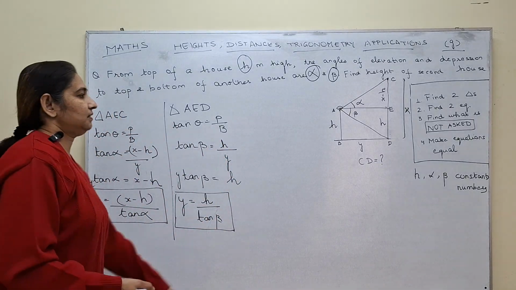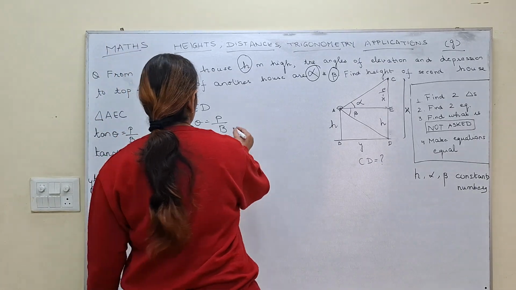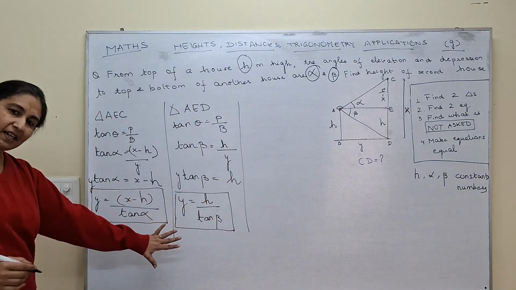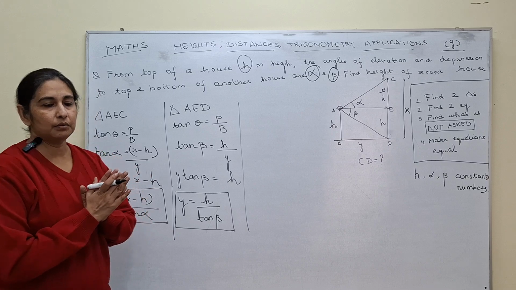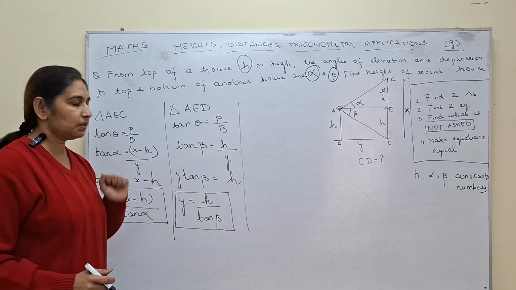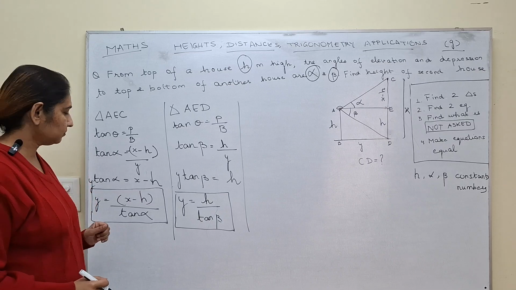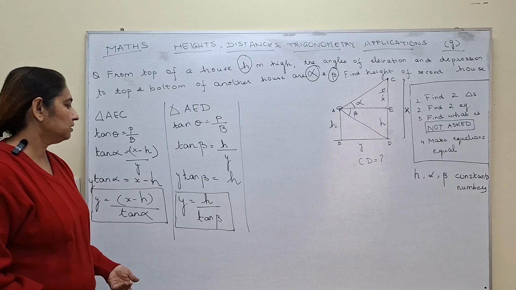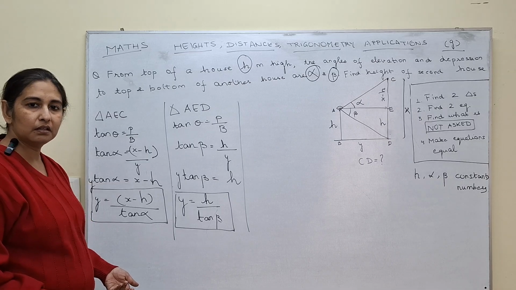Now the last step. What is the last step? The two equations we have found, we have to make them equal. Now y is equal to this much and y is equal to this much also. This is y, this is y. So they both have to be equal. That's it.